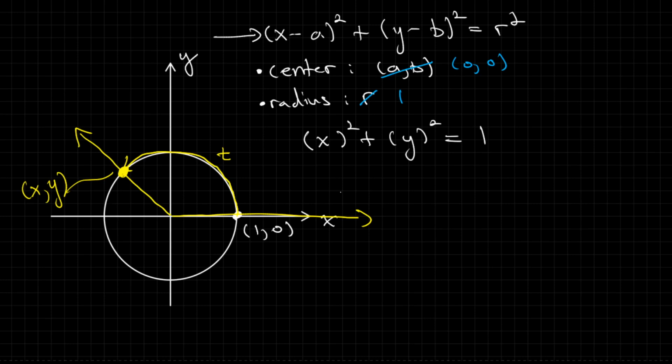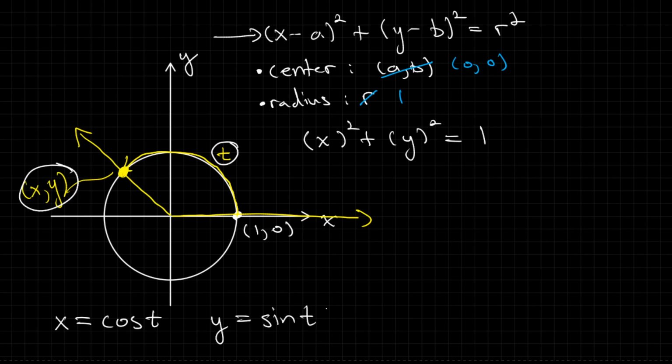And now if we look back to our drawing, if we have a radian measure of t with terminal point (x, y), then the x-coordinate of that terminal point is defined to be cosine of t, and the y-coordinate is defined to be sine of t. And so if I look at my equation of the circle here, and I replace x with cosine of t and y with sine of t, I get what's called the Pythagorean identity.